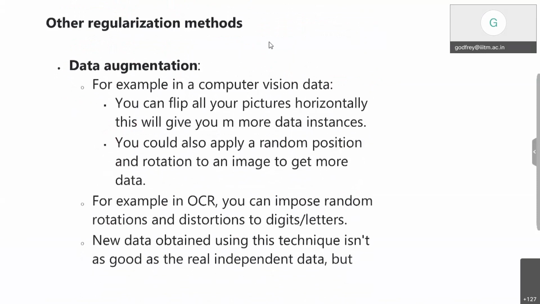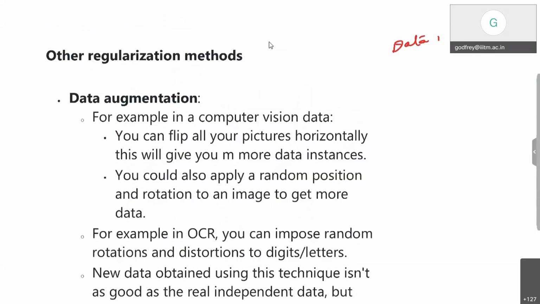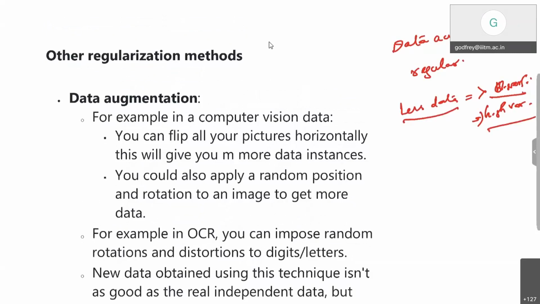Now, another method which is useful with respect to regularization is called data augmentation. Data augmentation helps because with less data, you are going to have high overfitting, which we call the problem of high variance.